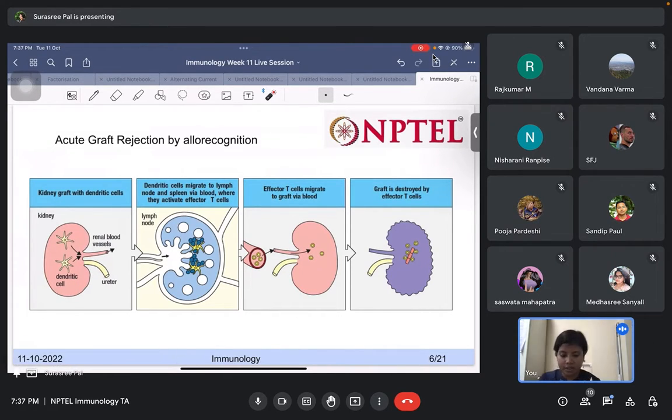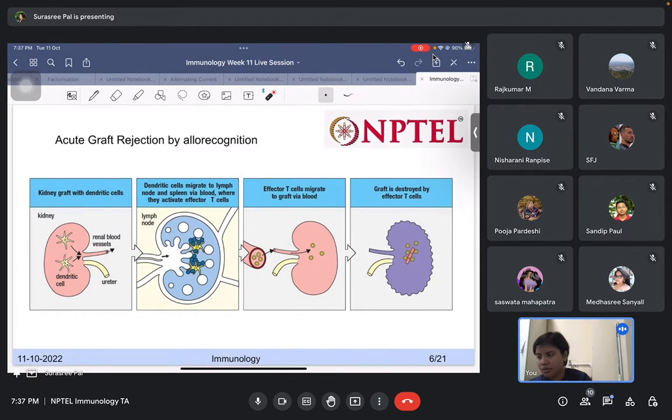So these are the allo antigens, and the immune response against such antigens is known as alloreactive response. Now this alloreactive response or allo recognition initiates acute graft rejection. So I was mentioning in the beginning that within 10 to 13 days it can be observed that the graft is totally rejected, right?